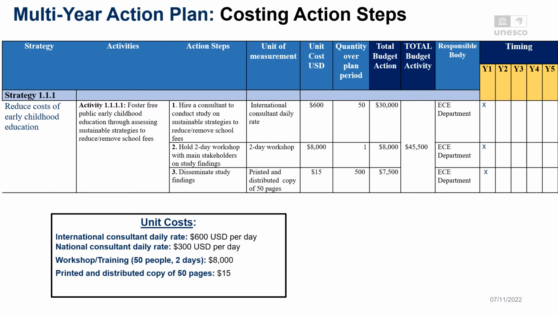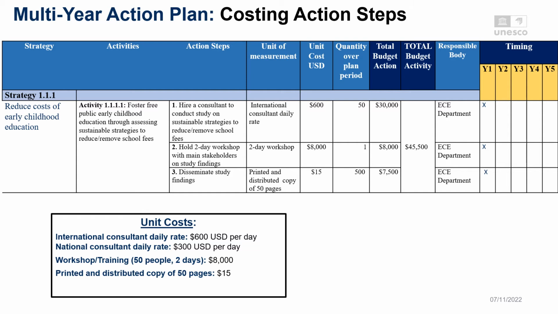For example, for the first action step of the first activity, we will need the cost of a consultant. We can refer to the unit cost for the daily rate of consultants and decide if we want an international or national consultant. Let's say international for this activity.